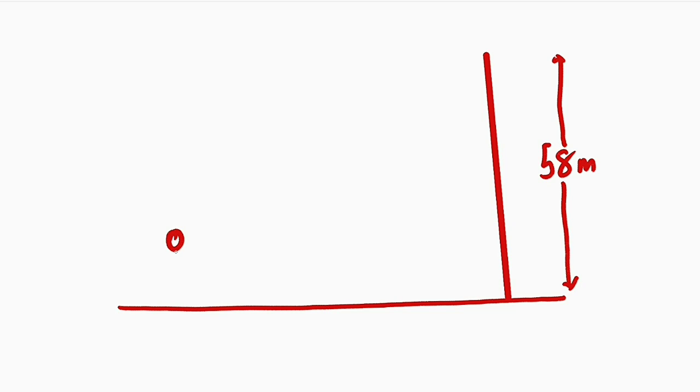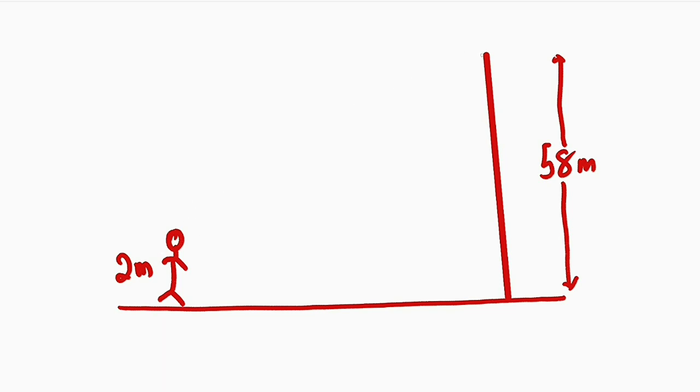Suppose we have a horizontal ground like this, and we have a building situated right here, and the height of this building is 58 meters. So from the top to the bottom is 58. Then we have a girl standing here, who is 2 meters tall.